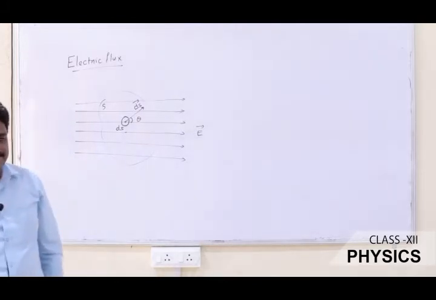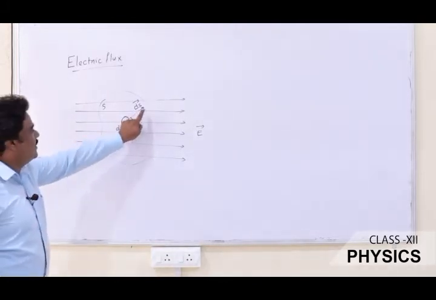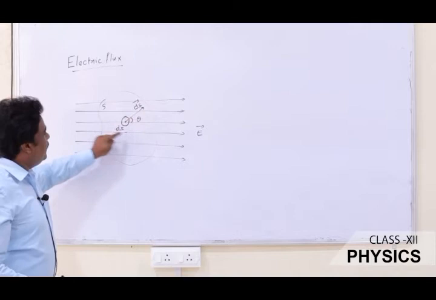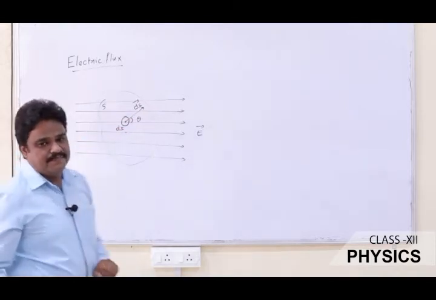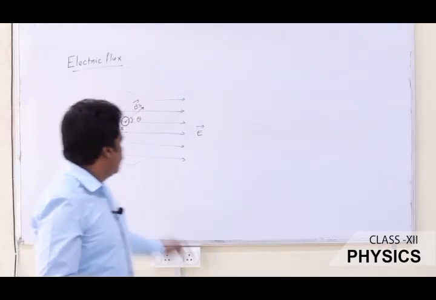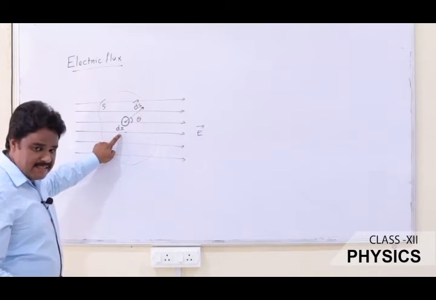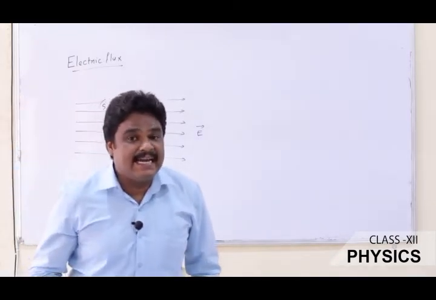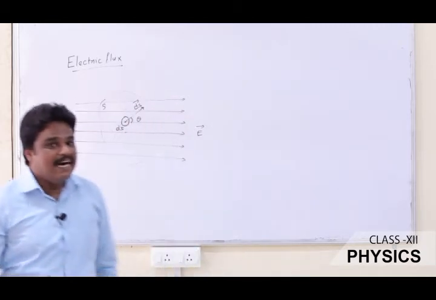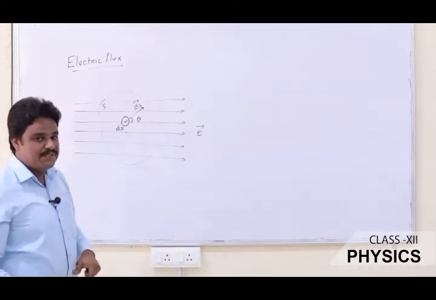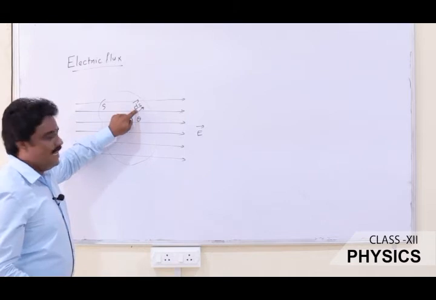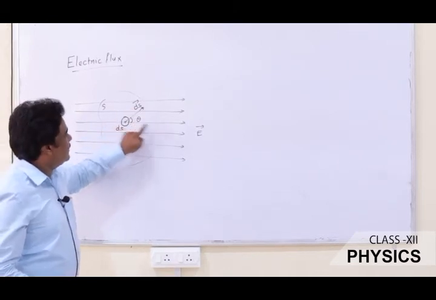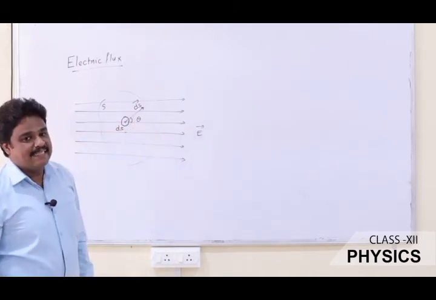You know how to draw the area vector. Obviously, it will be normal to the planar. So ds is the small element, whereas ds vector is the area vector, which acts along the outward normal. And the area element vector makes an angle theta with the direction of the electric field.